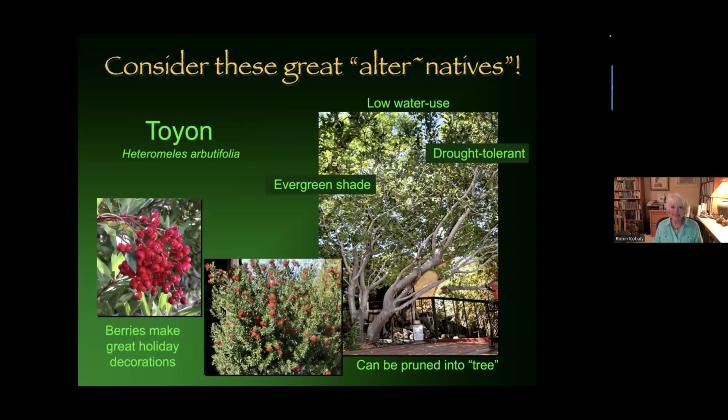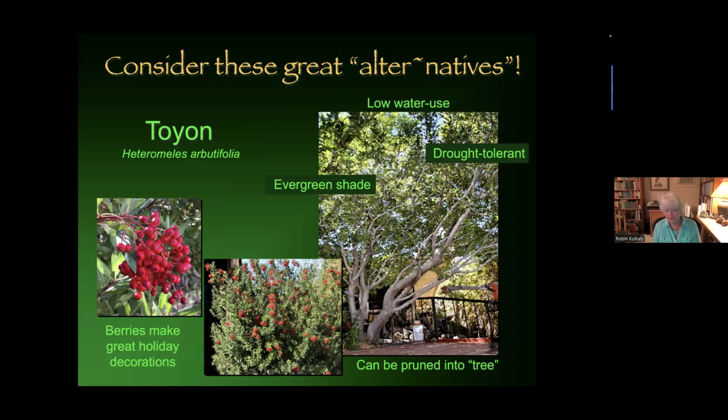So another plant that you could substitute for a typical evergreen tree like pepper tree is toyon, Heteromeles arbutifolia. Toyon is also called Christmas holly, and toyon is the only native plant that we have here that is still called by the native word for it, which is an Ohlone word, toyon.